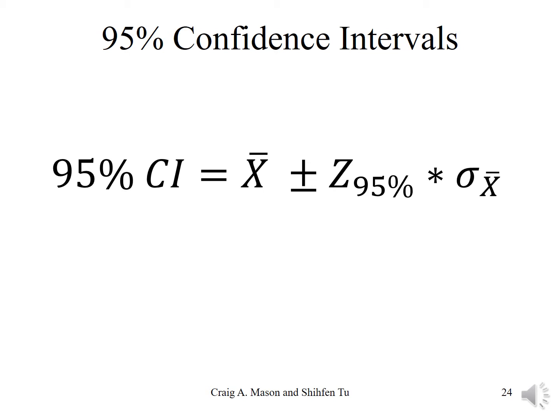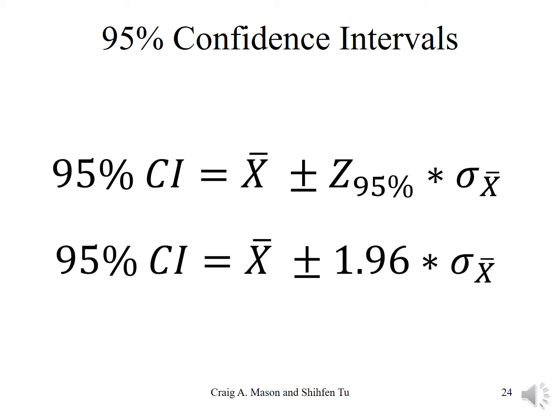Remember, for the 95% confidence interval, we just take the sample mean plus or minus the z-score that bounds 95% of the normal distribution times the standard error. Therefore, the generic equation for the 95% confidence interval is just x bar plus or minus 1.96 times the standard error.